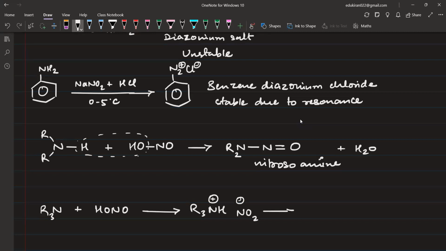Now, in the presence of a bit of water or something, what would happen? You will get R2N singly bonded with nitrogen, and double bond O. That is again nitrosoamine, but here you will also get ROH.